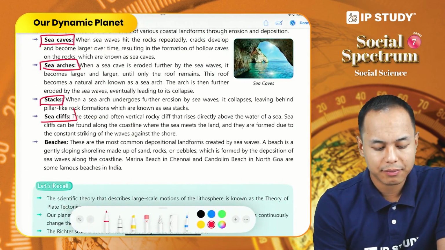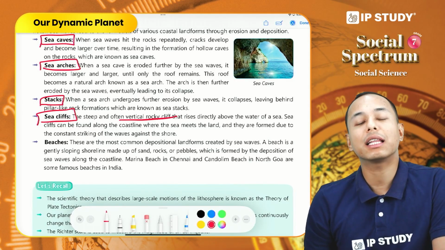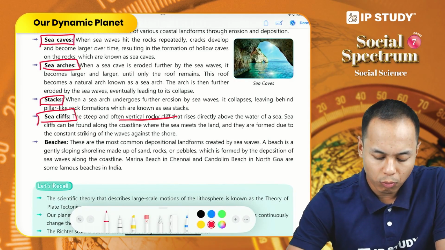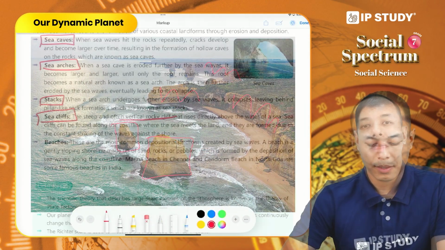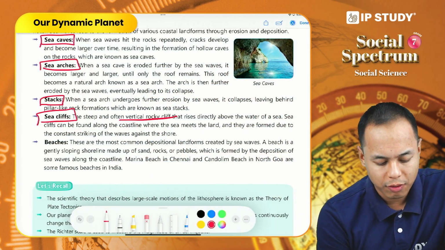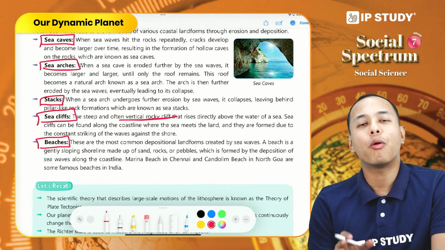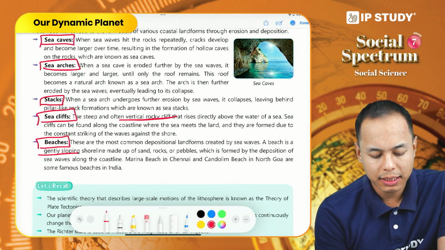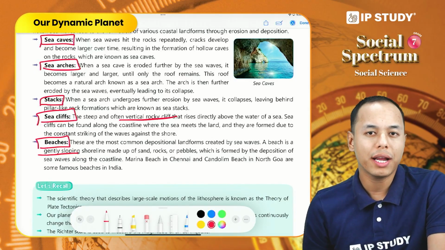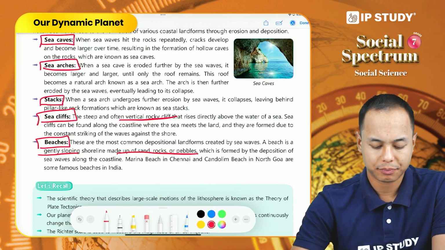Sea cliffs. So it is a steep and vertical rocky cliff that rises directly from the water of the sea. So this is a sea cliff. See the vertical. Okay. Now the last landform created by sea waves is beaches. So these are common depositional landforms created by sea waves, and it is a gently sloping shoreline filled with materials like sand, rocks and pebbles.